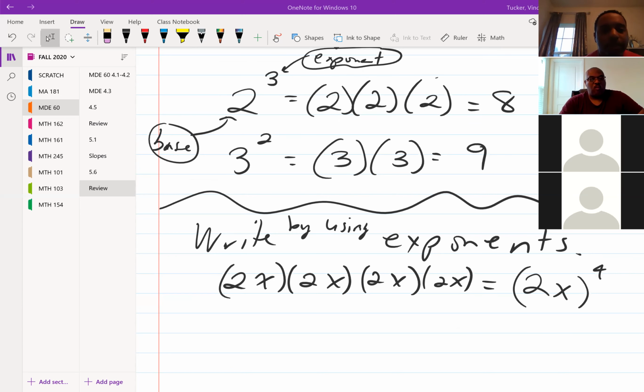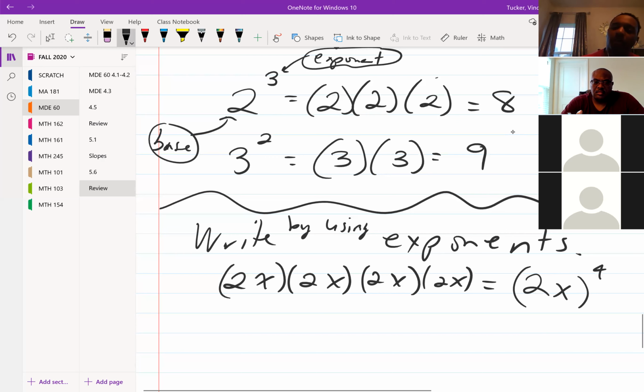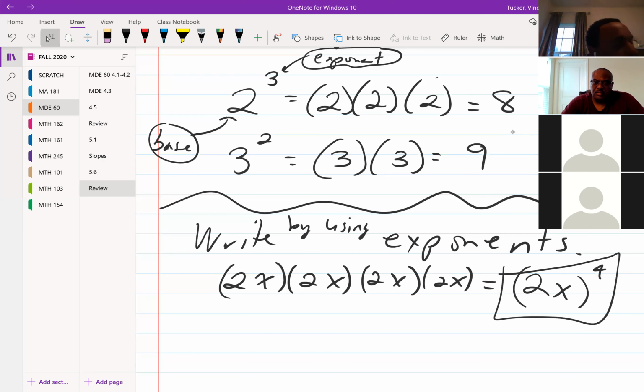Try it one more time. That's a 4. Okay, so they don't want you to do that. I was going to simplify it further, but that's all they want for the answer. They don't want you to simplify it further.